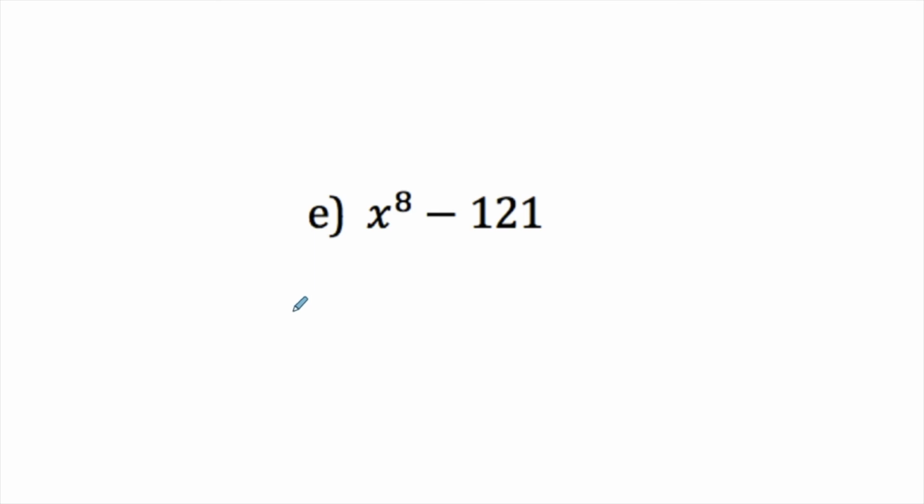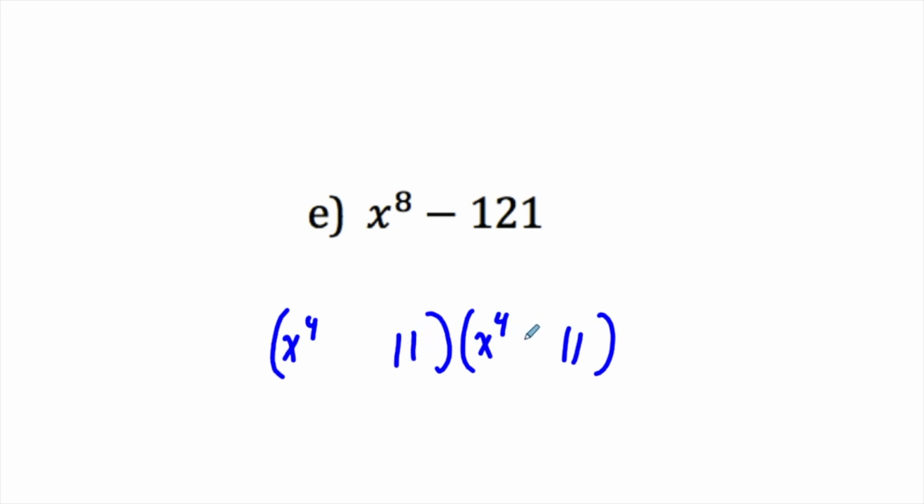All right, so let's make up our two sets of parentheses here. What times itself gives you x to the 8th? That's going to be x to the 4th, because remember we would add those exponents. 4 plus 4 gives you 8. What times itself gives you 121? That's 11. One's a plus. I'm going to mix them up again here.